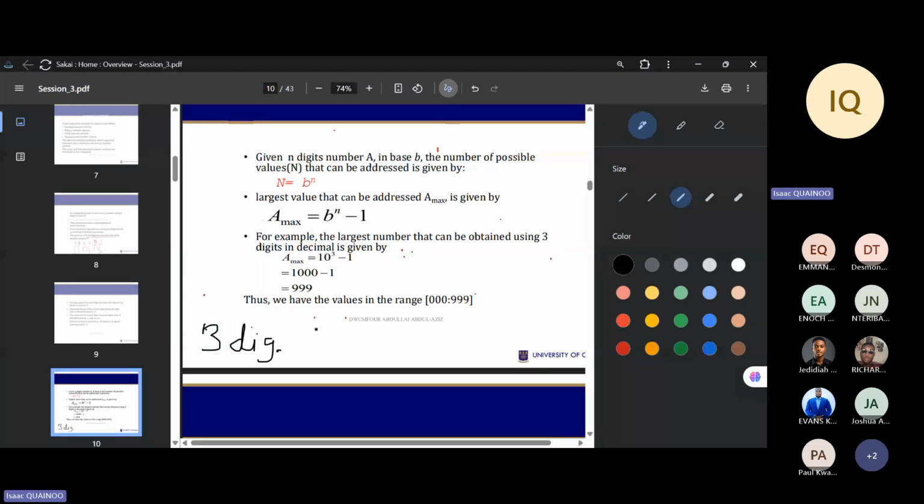If you want to find the set of all possible representations that is addressable, what you are going to do is take the base, which is the radix, that is 5, and then you raise it to the power of the number of digits, which is 3. So 5 raised to the power 3, I believe, is 125. Yes, it should be 125.